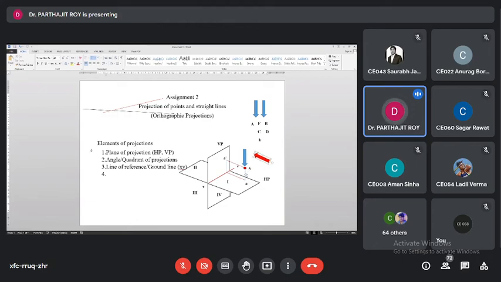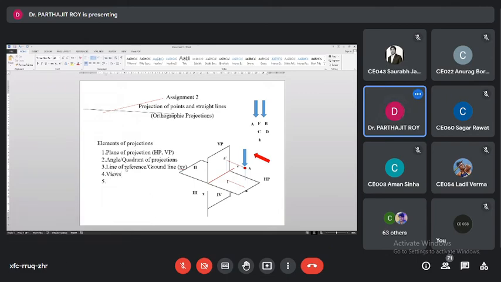My actual point is capital A. For this, the top view is represented by the corresponding small letter, small a. The front view is represented by the corresponding small letter with a dash. Okay, am I clear? Yes, sir. So if you extend the list now, what will be the third or fourth one? Views, isn't it?